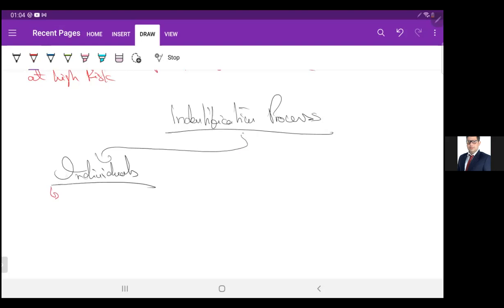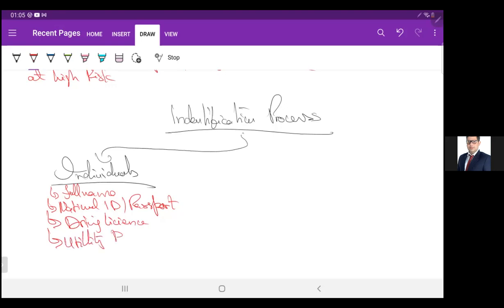Their full name, their national ID or passport, their driving license, their utility bills, okay, their address, etc.